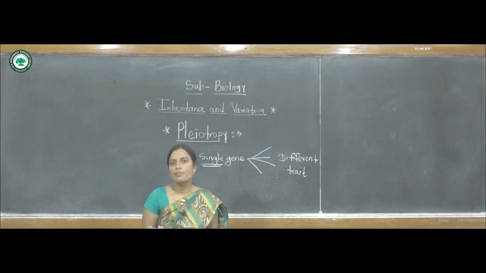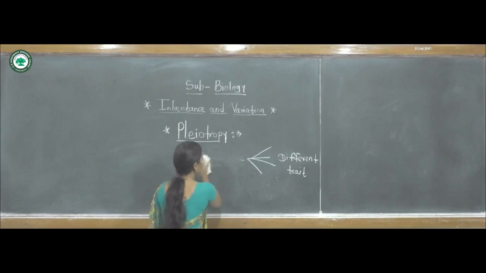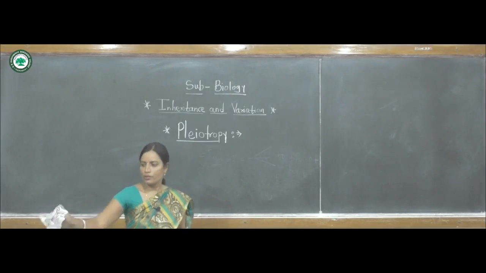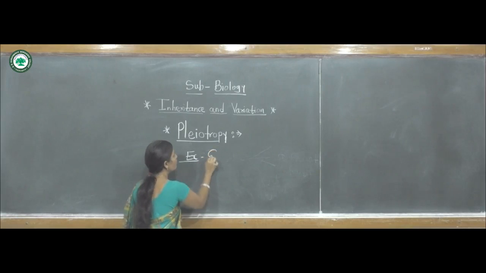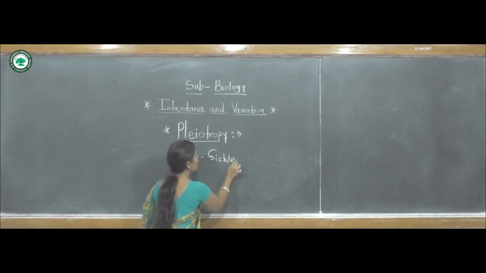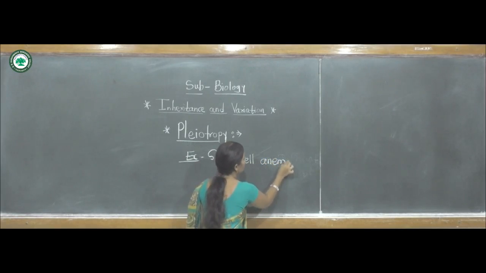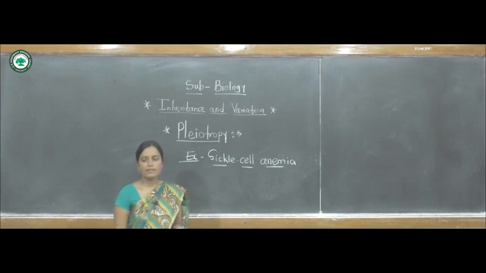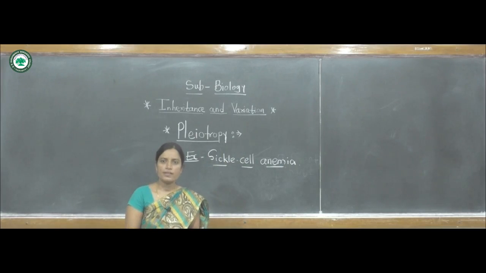Sickle cell anemia is an example of pleiotropy. This disease affects the RBCs.